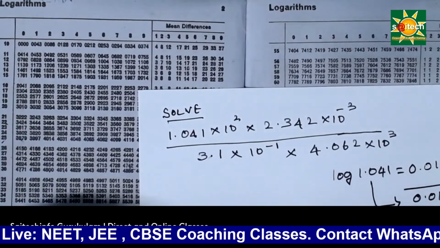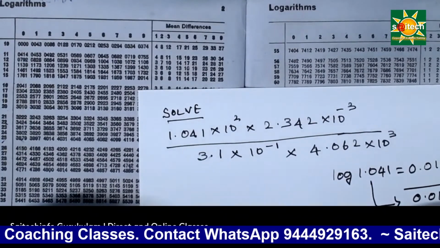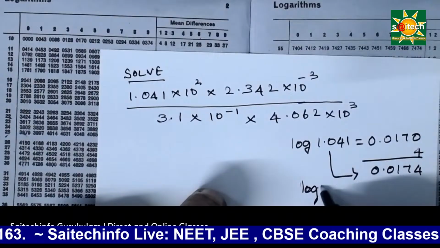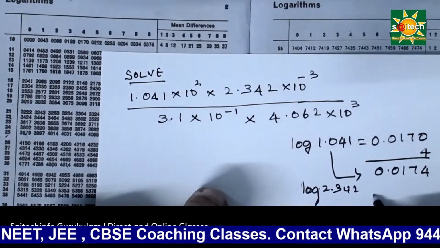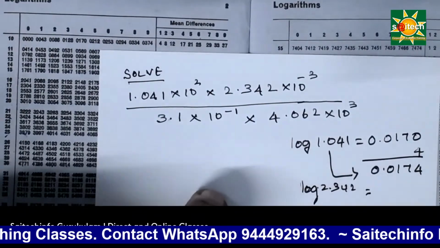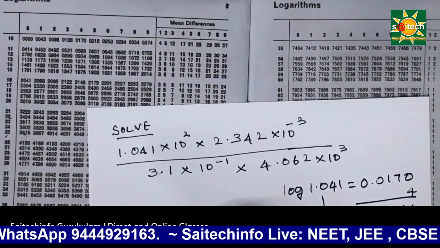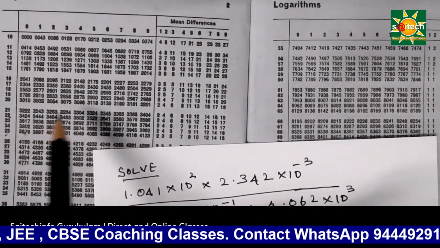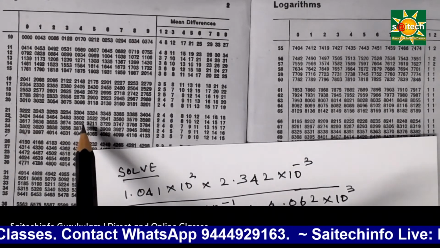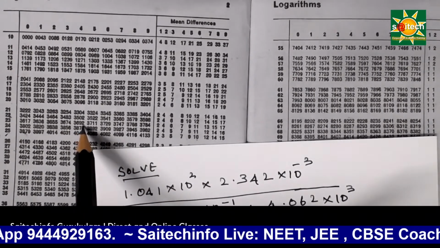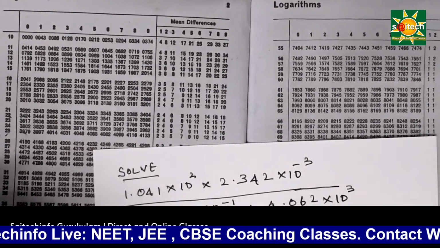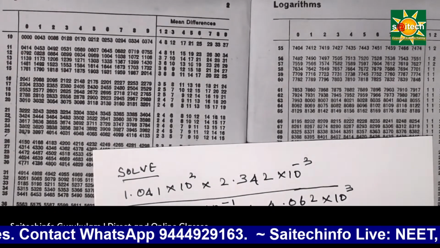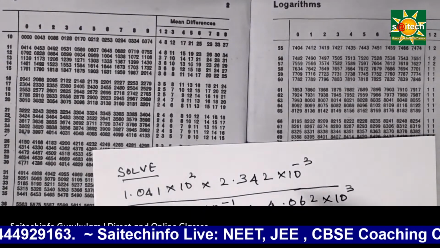So let us write down log 2.342. What is that? For 23, you have to check 23. Take 23, so this is 23 and 4, the fourth column. So this is 3692. You can note down this value as 0.3692, and then the mean difference is 2.